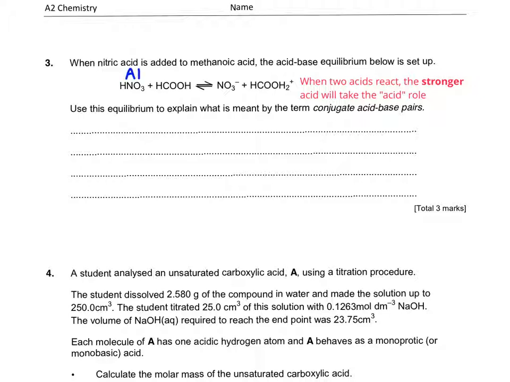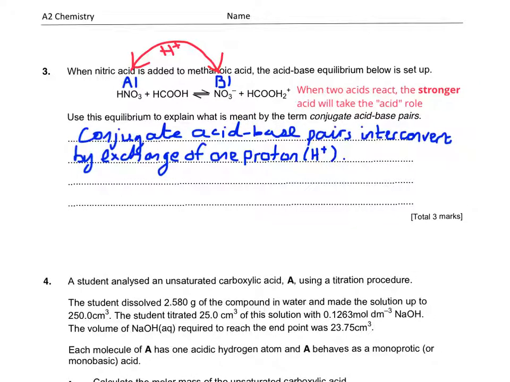The acid on the reactant side always takes the role of acid 1. Looking for the species on the right-hand side that this turns into once the H+ is lost, we find the NO3-. Acid 1 and base 1 are interconvertible by the exchange of a proton. So you can change them over between one another by the exchange of one proton.